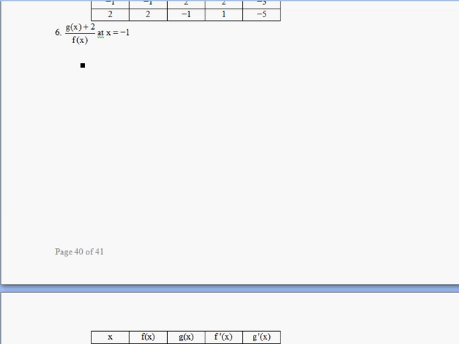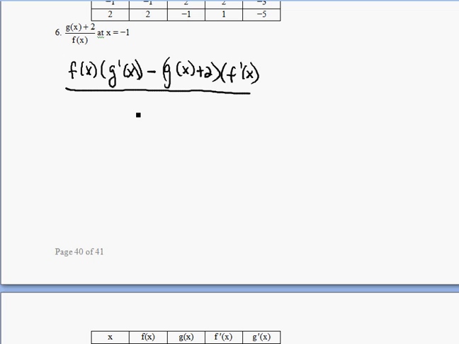Here we have a little quotient rule situation. So the quotient rule says low, f of x, times the derivative of the high, which is g prime of x, plus 0, derivative of 2 is 0, minus high times the derivative of low, which is f prime of x, all over the low squared.